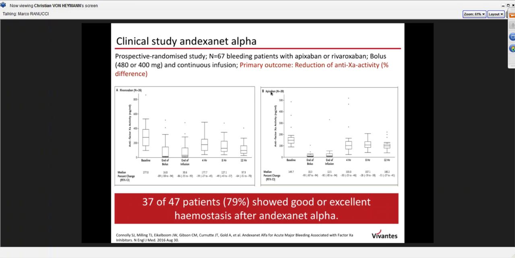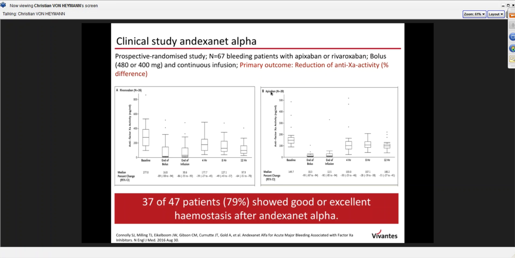And Dr. Angelotti is asking, is there any role for viscoelastic tests in the assessment of a bleeding patient? Or maybe I would add, we have a patient under direct oral anticoagulants, and we want to know whether or not the patient is getting rid of the effects.